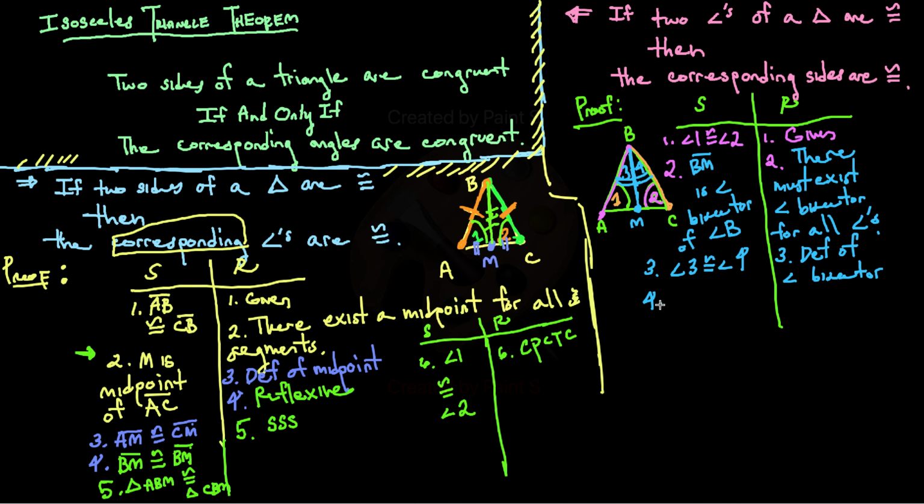Now the next thing, we should sort of see where this is going again. BM is going to be congruent to itself, this segment. So let's write that. BM is congruent to itself. That's reflexive.